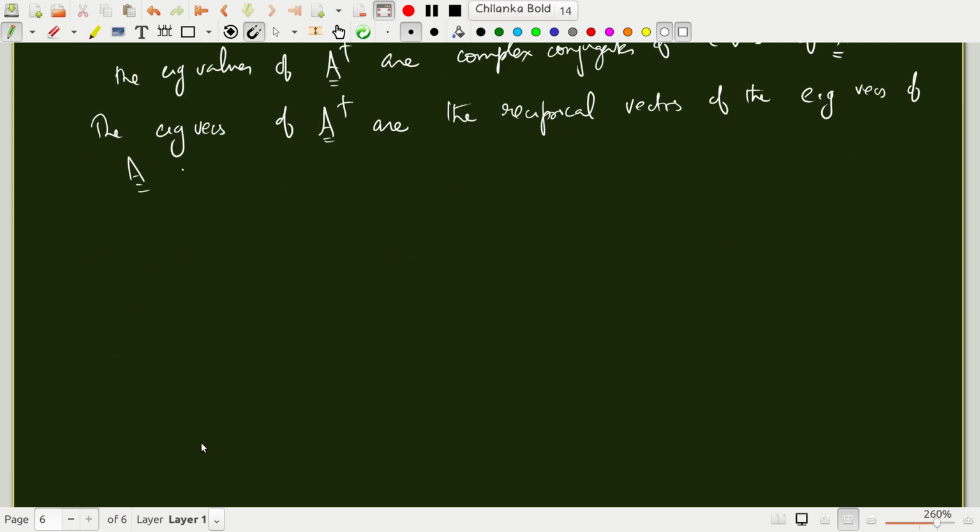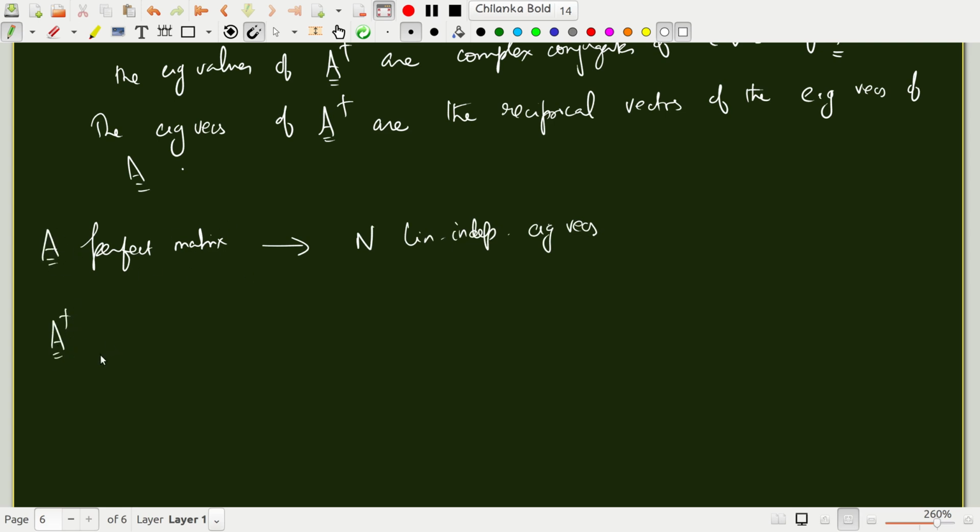So if you have a perfect matrix which has n linearly independent eigenvectors, how do I get the reciprocal basis? Let that matrix be A. Solve the eigenvalue problem for its Hermitian conjugate, and the collection of eigenvectors will form the reciprocal basis.